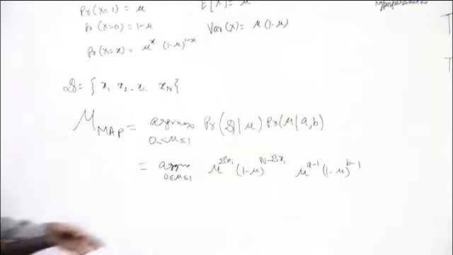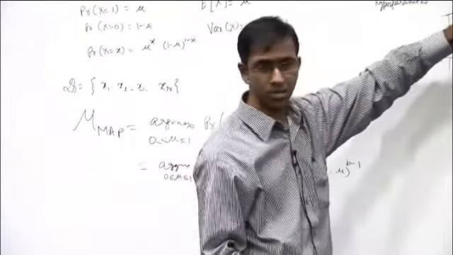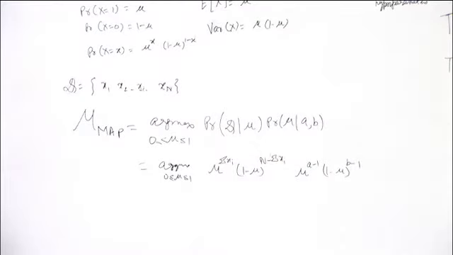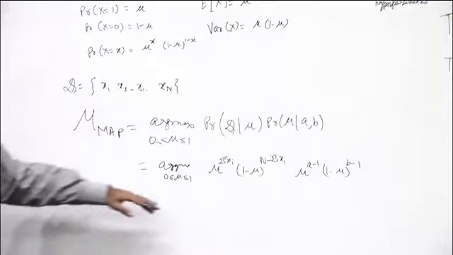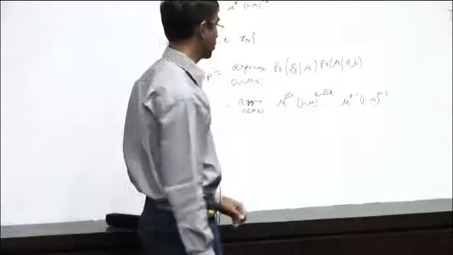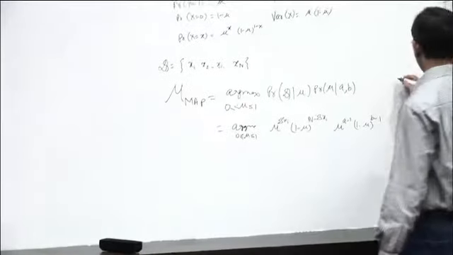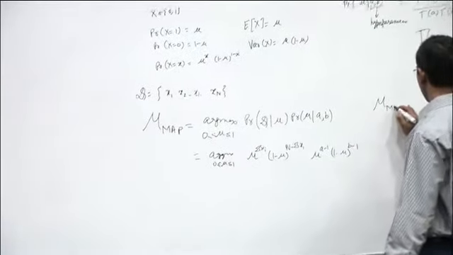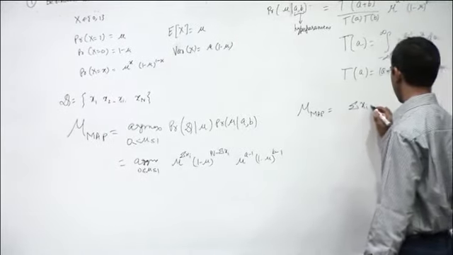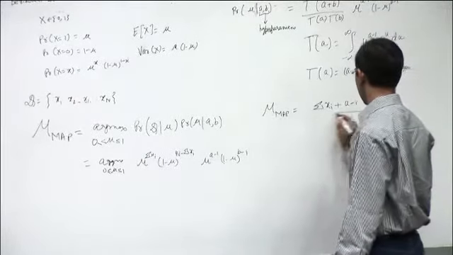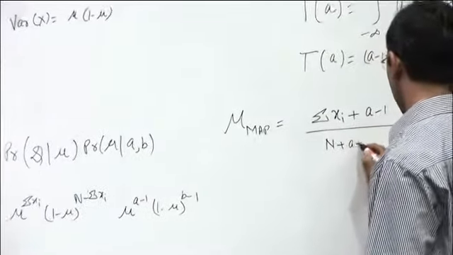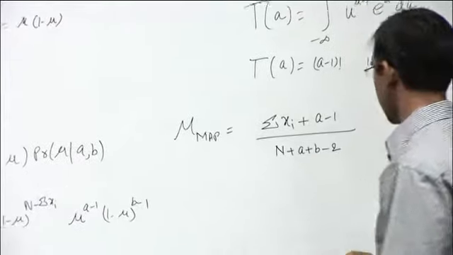We ignore the normalization constant because it depends only on a and b, not on mu. When you maximize this, you can take the log, set the derivative to 0, and mu MAP comes out to be summation xi plus a minus 1, divided by n plus a plus b minus 2.